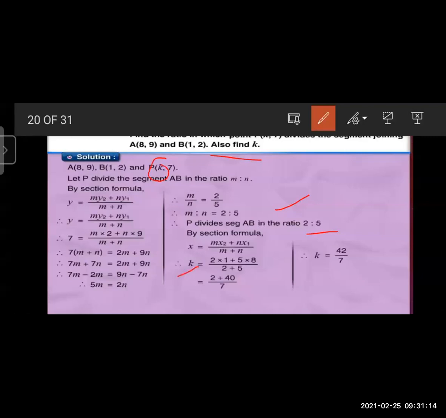The x value is k, substitute m is 2, n is 5, and x2 is 1 and x1 is 8. Substitute here: (2 plus 40) divided by 7. So 42 by 7. In this way, first we find the ratio and then we get the value of k.